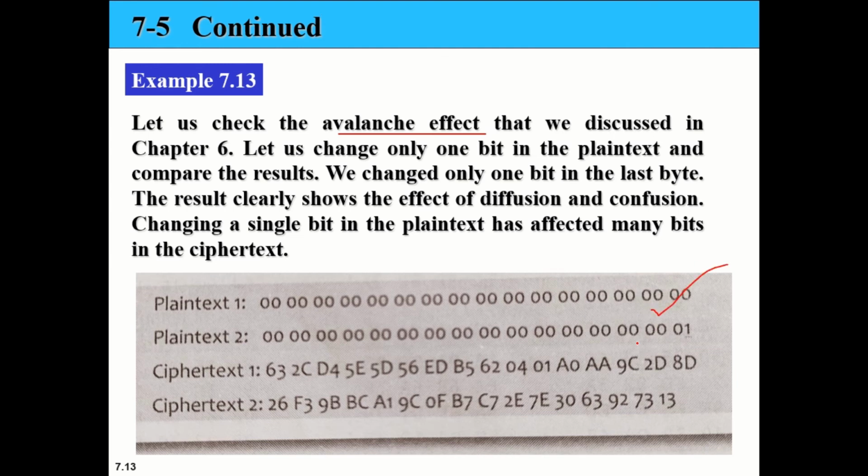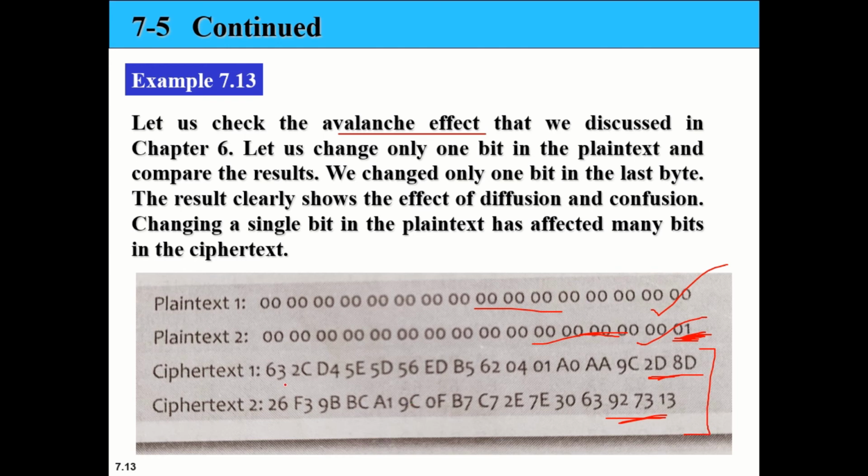And this is plain text 2, in which we have changed only one entry, okay? One bit we have changed. So this is cipher text 1, which is being generated using plain text 1, and this is cipher text 2, which is being generated using plain text 2. So you can see the change in both of these cipher texts, right?